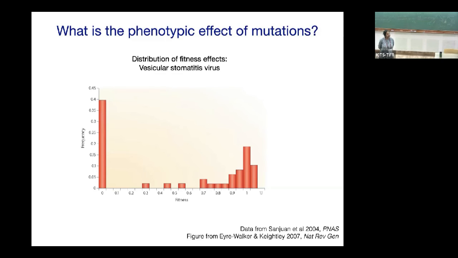Anybody else want to take a guess? Would you see similar DFEs for other organisms? So there's one answer about complexity, one answer about ploidy. Anything else that might be relevant? Proportion of coding versus non-coding.